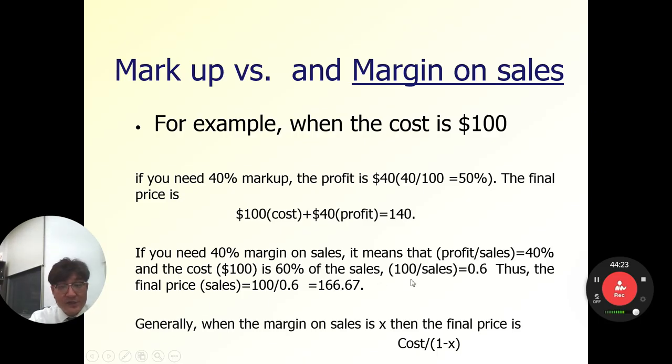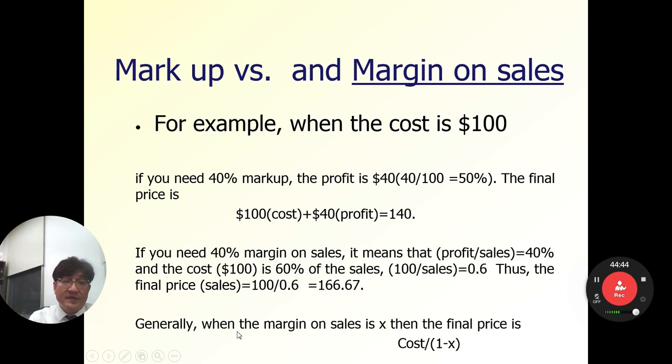You just solve this equation: if you put sales as X, 100 divided by X is 0.6, then X is 100 divided by 0.6, so it is $166.67 for the final price.